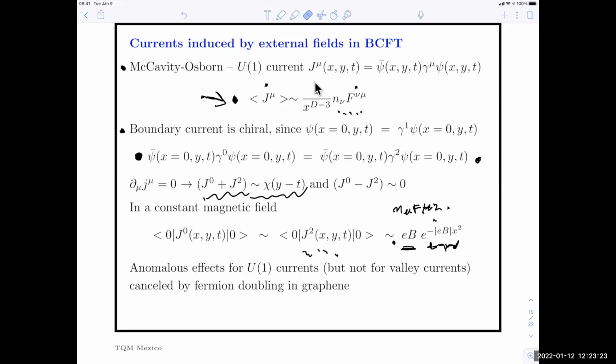And I must say there is another comment. In graphene, it should be really very special, because this beta function should be the beta function associated with the normalization of charge. But we know that in graphene, we don't have a renormalization of charge. We have running of Fermi velocity, but not of charge. Yeah, I know. That's why it should be really special.